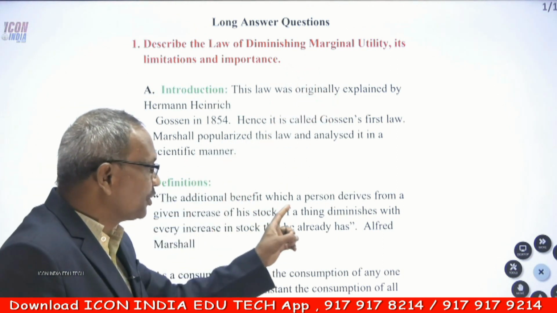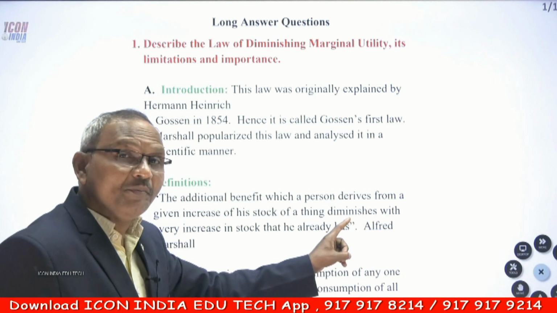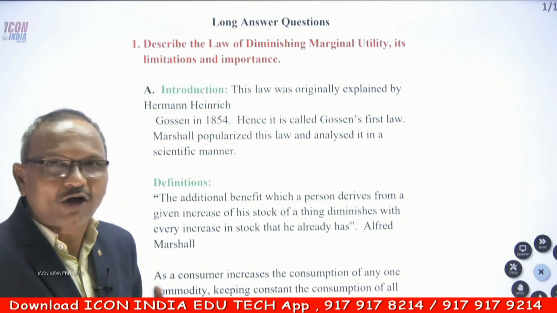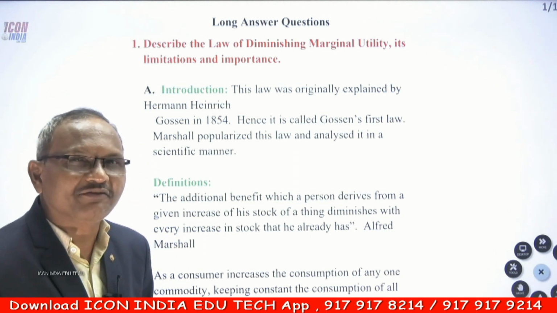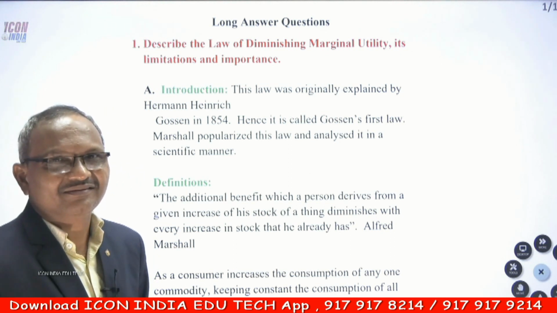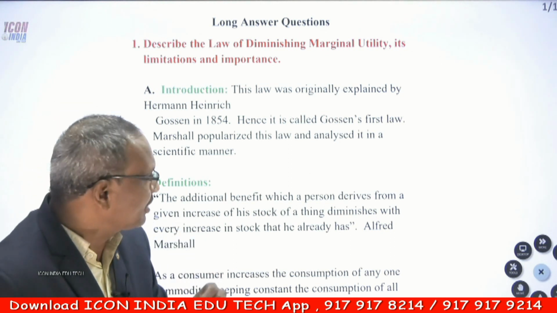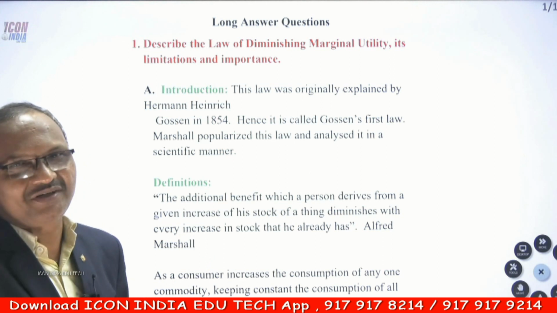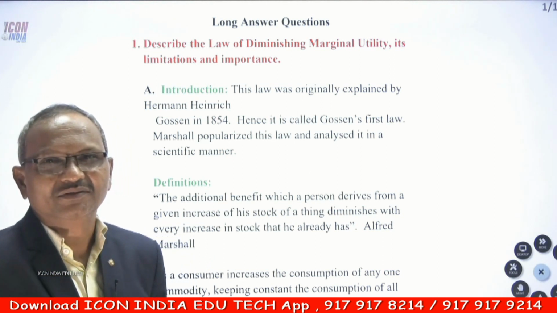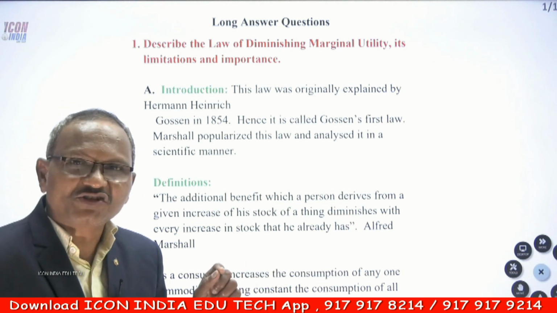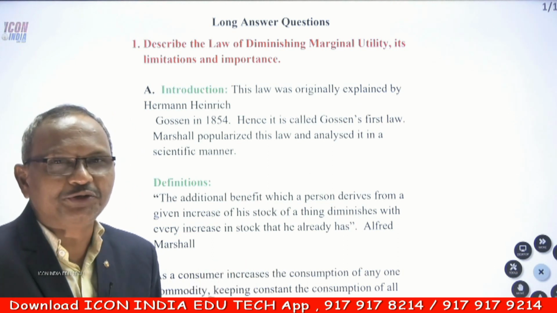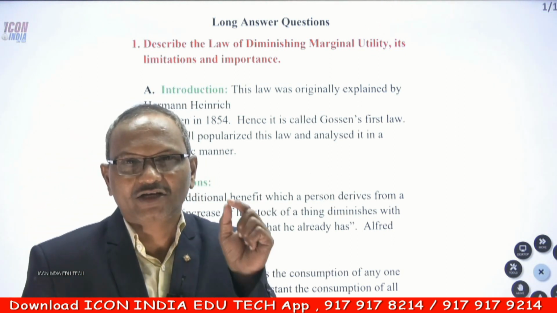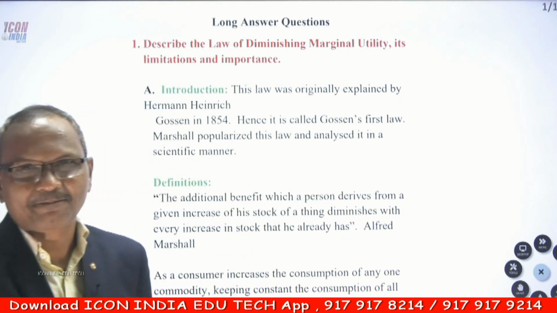So, additional benefit continuously falls when the consumer consumes more units of a commodity, or consumption of an additional unit of a commodity causes a continuous fall in the marginal utility. This is the meaning of the definition. Once again, this law states that additional utility from the consumption of an additional unit of a commodity continuously falls.